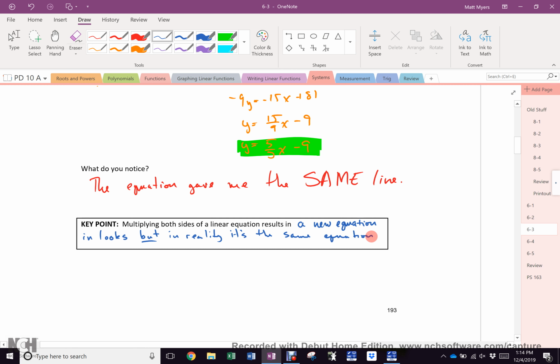And you have seen this in math already, haven't you? 3/7. If I multiply all parts of that by any number, give me a number, 4, I get 12/28. So what am I doing? Are they the same? Excellent.